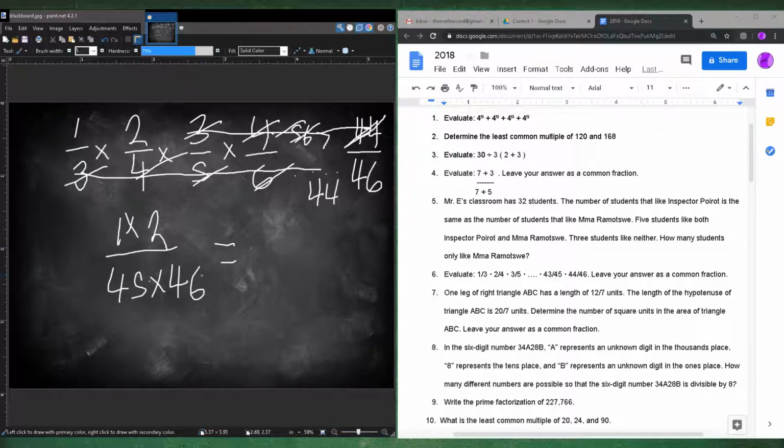So you could use your calculator. 2 divided by 45 divided by 46 is equal to 1 over 1035. So that is our answer for number 6.